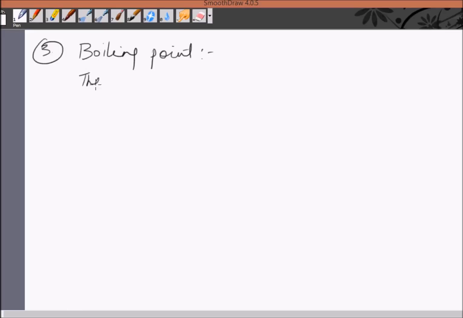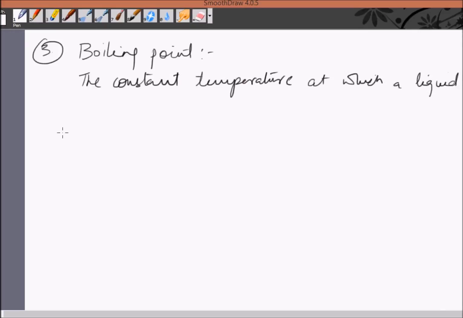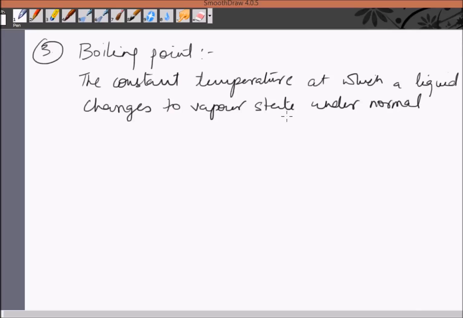It is the constant temperature at which a liquid changes to the vapor state under normal atmospheric pressure.